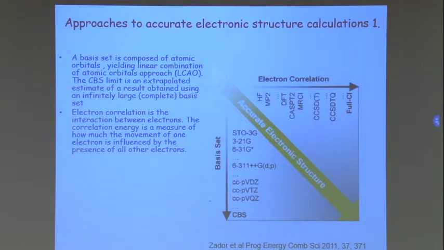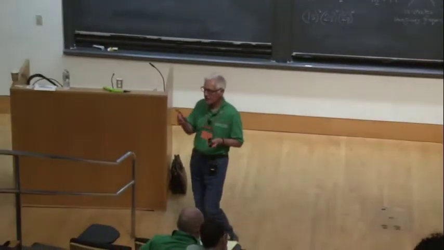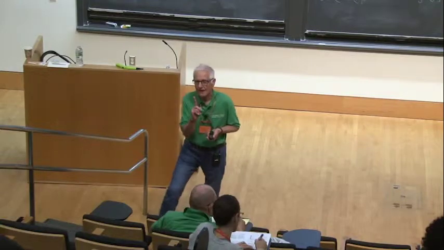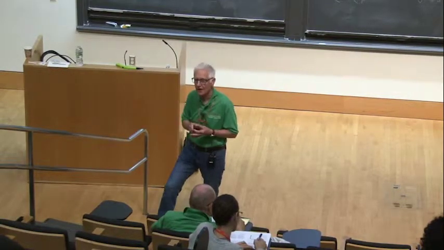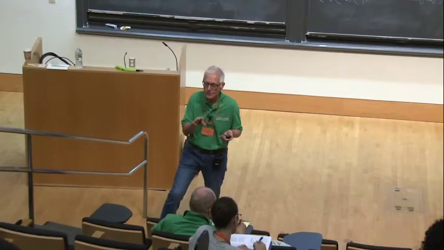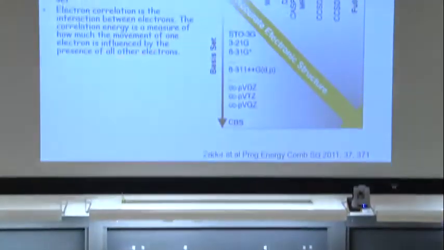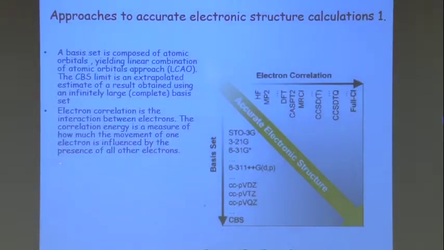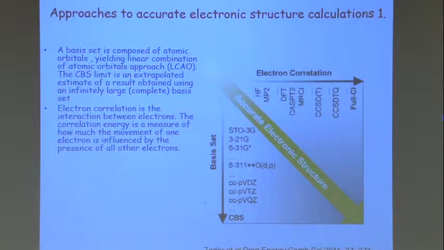Now, in addition to that, these electrons in these different orbitals interact with one another. An orbital is a one-electron description. But the electrons in the different orbitals interact with one another, and they interact through something that's called electron correlation. The correlation energy is a measure of just how much the movement of one electron is influenced by another.